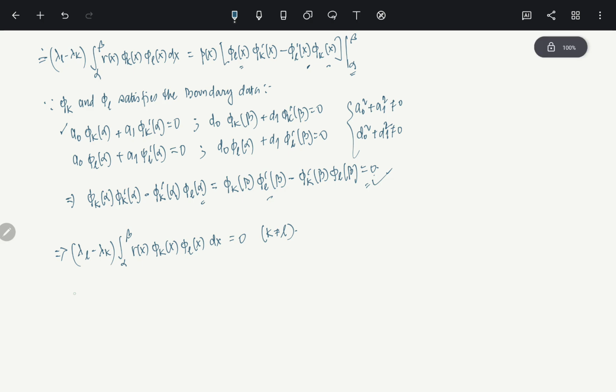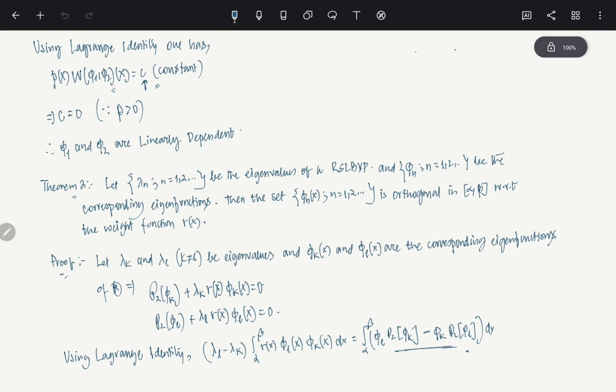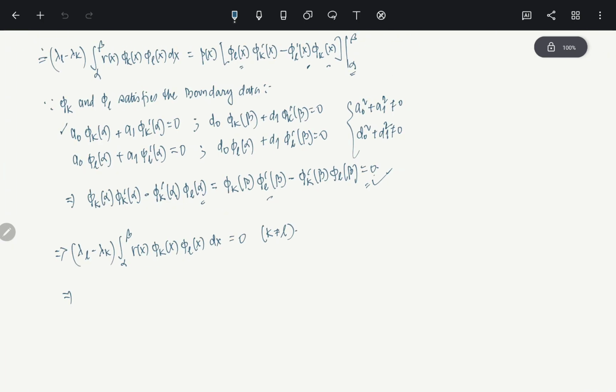Is it okay? Now what does this give you? See, lambda l and lambda k are not the same. This is what we assume. Lambda k and lambda l are not the same, they are distinct eigenvalues, right? So that will imply the integral from alpha to beta of r of x phi k of x phi l of x dx is going to be 0. This is going to be 0 for k not equal to l.